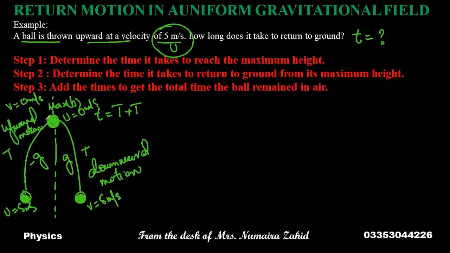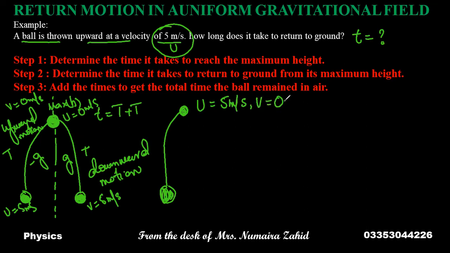Okay. So, determine the time it takes to reach the maximum height. First, in step 1, we need to determine the time period that it takes to reach its maximum height. That means we are considering the upward motion only. To understand this upward motion, what should we consider? The initial velocity is 5 meters per second.